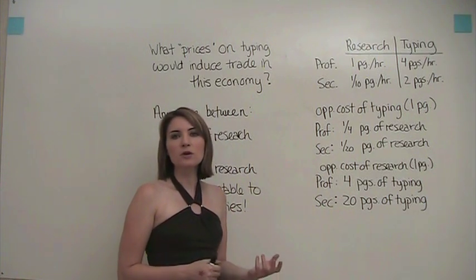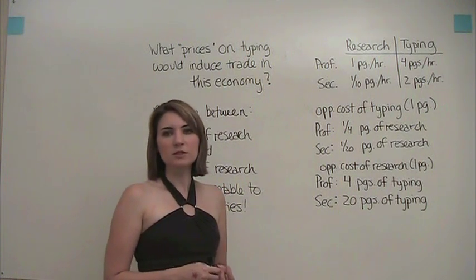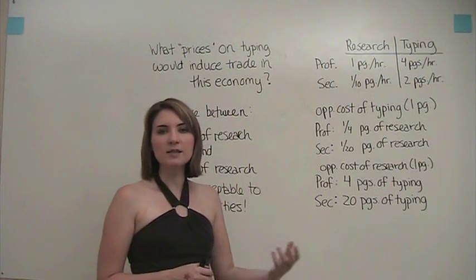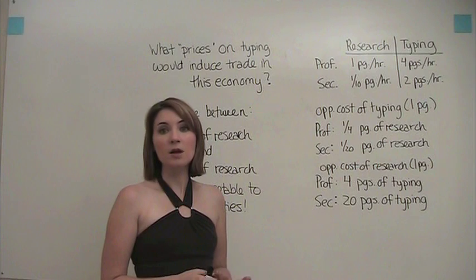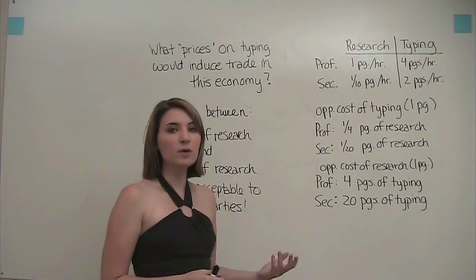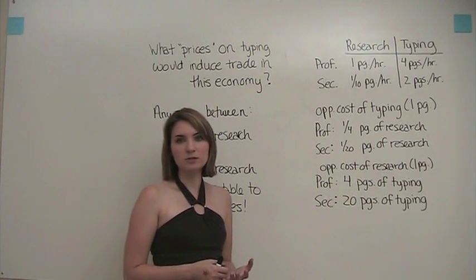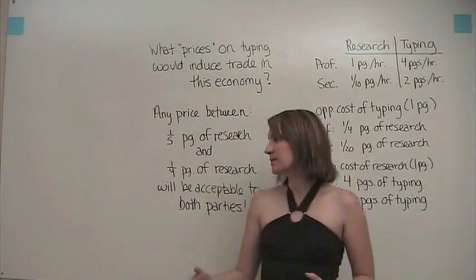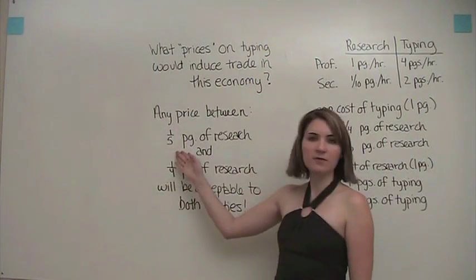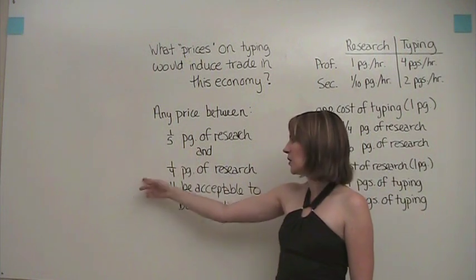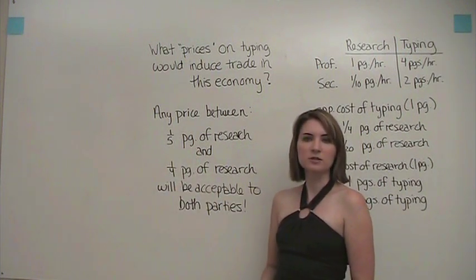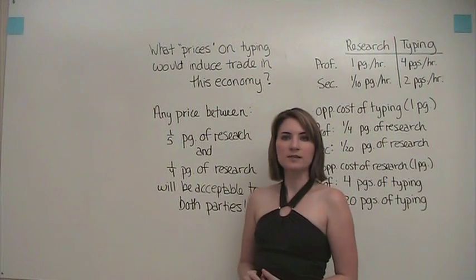So in order for her to be willing to give up some research and do more typing, she has to at least be compensated for that cost. So she'll be willing to agree to any prices above 1/5 of a page of research, which is how we get the fact that anything above 1/5 of a page of research and below 1/4 of a page of research will induce trade in our very simple economic model.